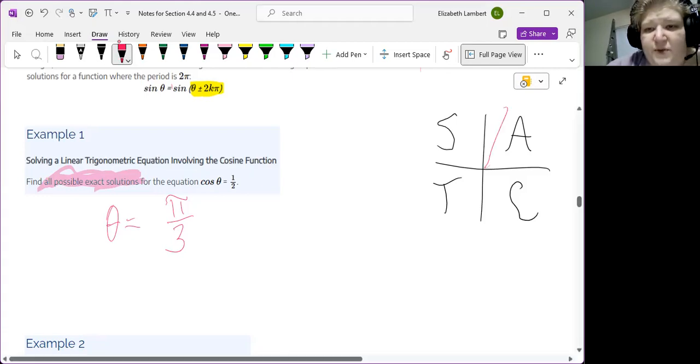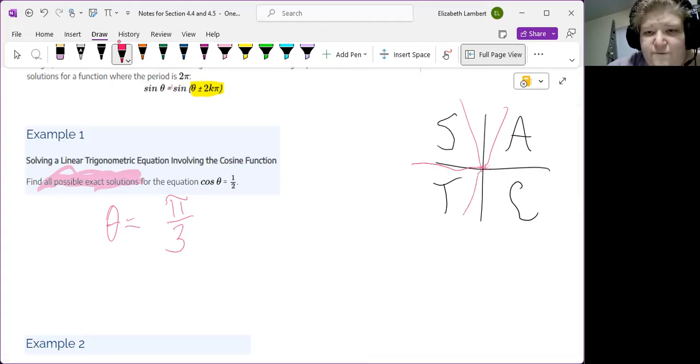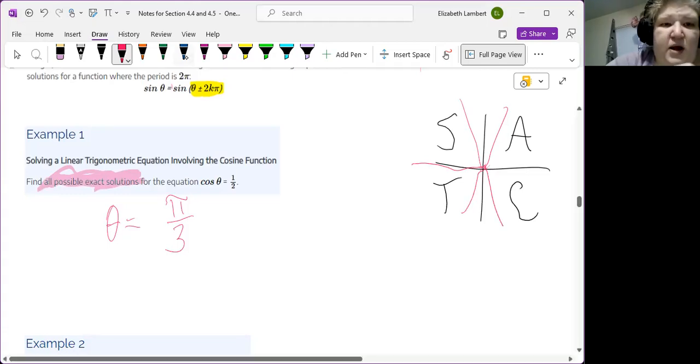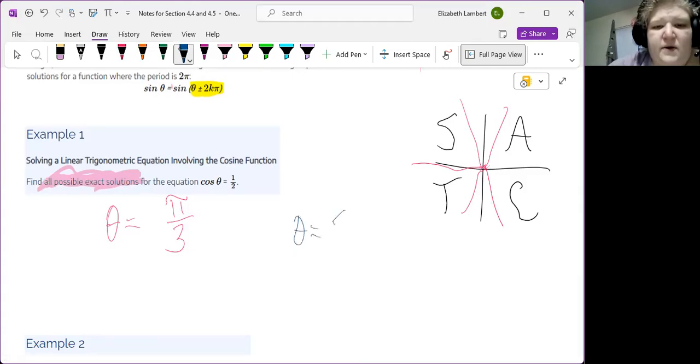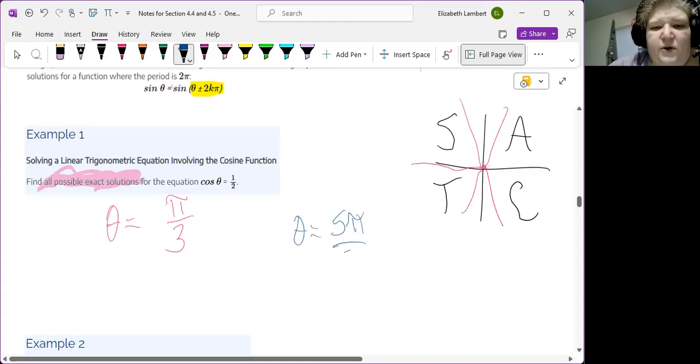This is pi over 3, 2 pi over 3, 3 pi over 3 is pi itself, 4 pi over 3, 5 pi over 3. So our other angle is 5 pi over 3.